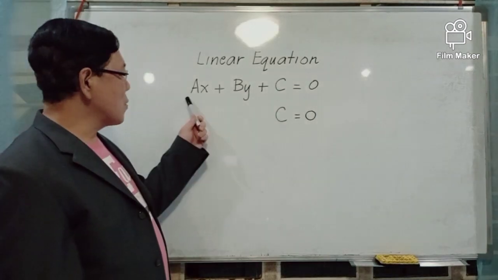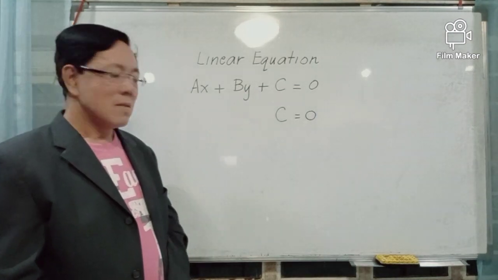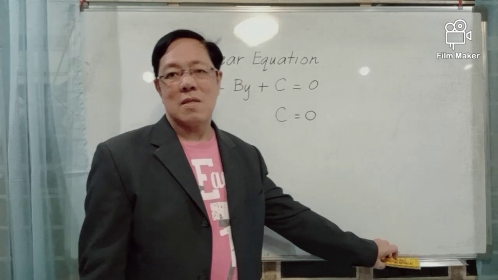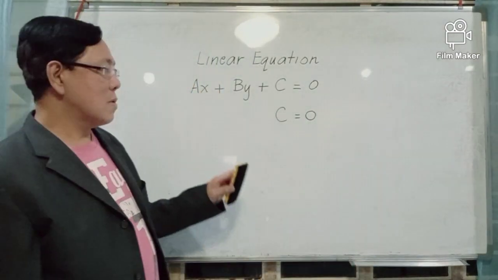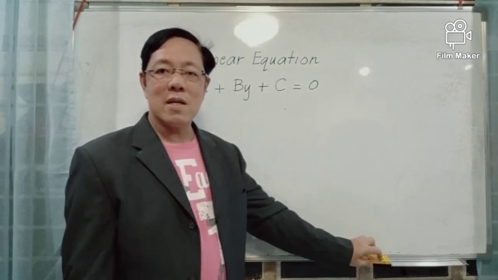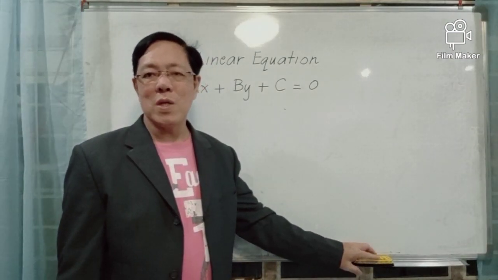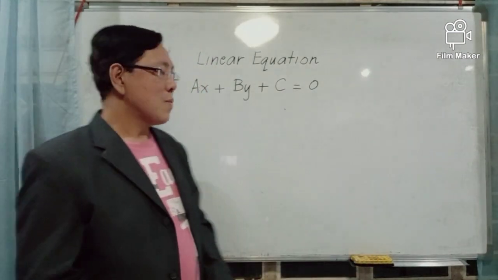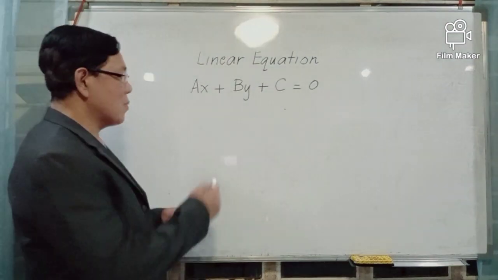But if either one of the coefficients of x or y is 0, then we would get a linear equation in only 1 variable. We start with a equals 0.